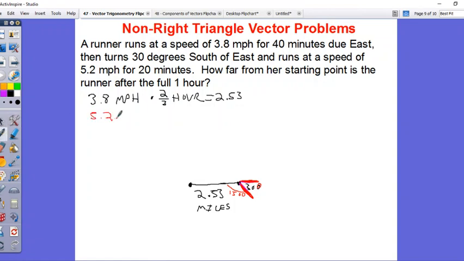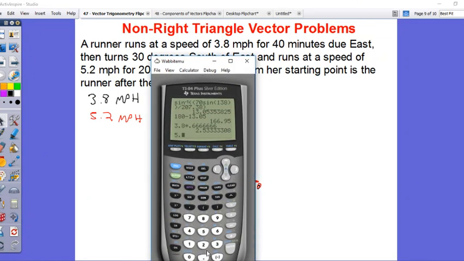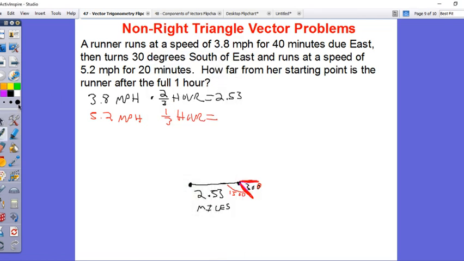So 5.2 miles per hour times 20 minutes, that's 1/3 of an hour. 5.2 times 1/3 is going to be approximately equal to 1.73. This is going to have a magnitude right here of 1.73 miles.